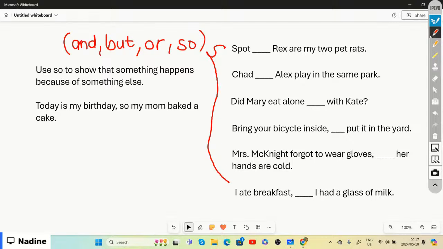All right, so Spot Rex are my two pet rats.